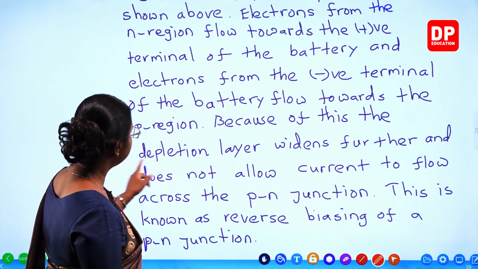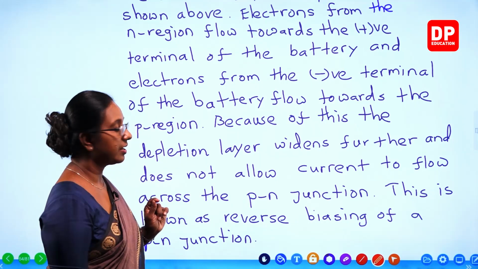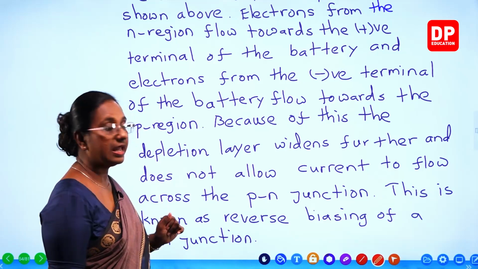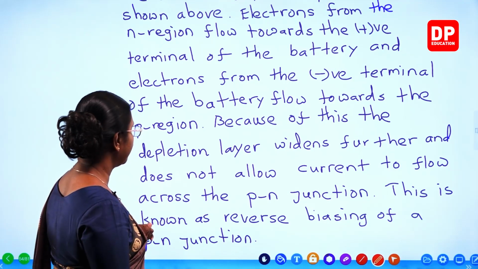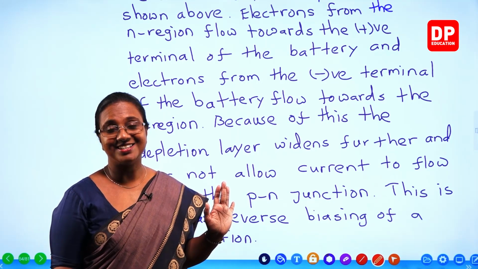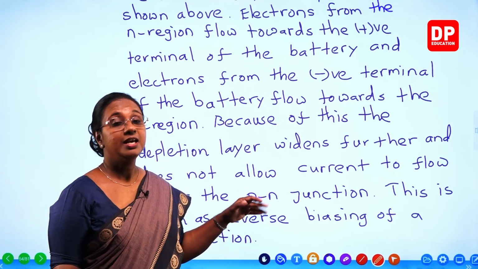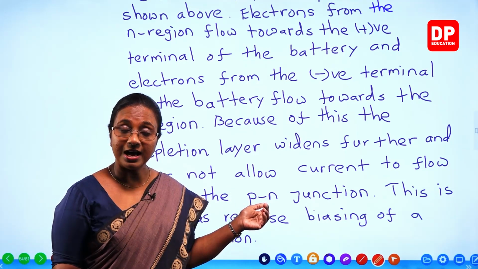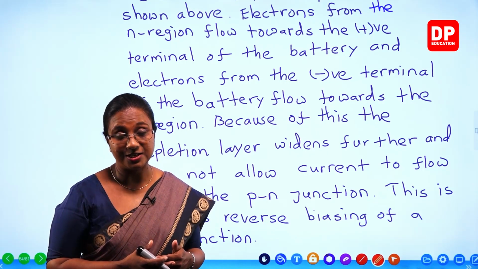Because of this, the depletion layer widens further and does not allow current to flow across the PN junction. This is known as reverse biasing of a PN junction. I'm sure you all can understand that, students. So you also would have given a similar explanation here. It is always better to draw the diagram and then explain. It gives a better explanation.